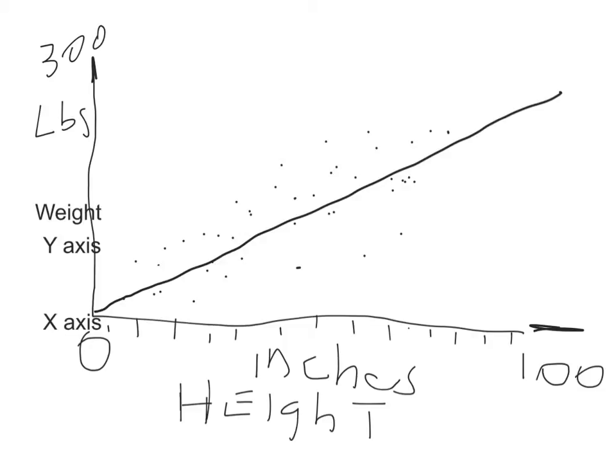And all these little dots are different individuals who have a certain height and a certain weight together. So they're plotted along there, and you can see that there's an increasing slope. That means usually the taller you are, the more you weigh. Exactly. But there is variation all along what we would call the mean correlation line, or the correlation coefficient. Okay?